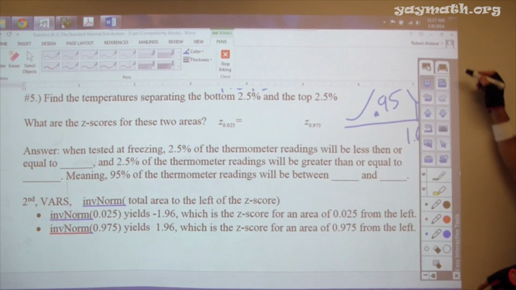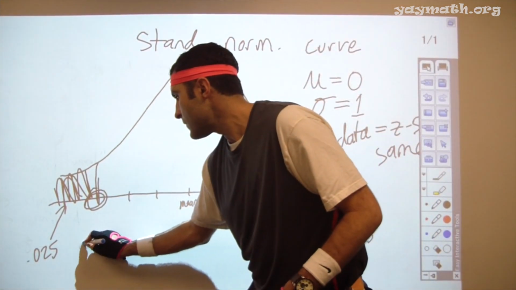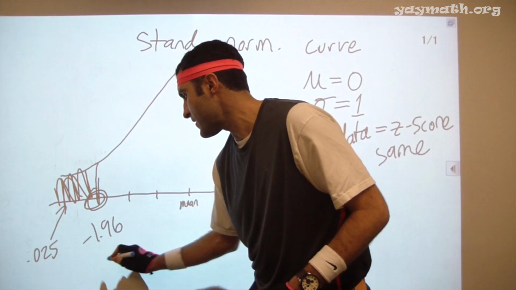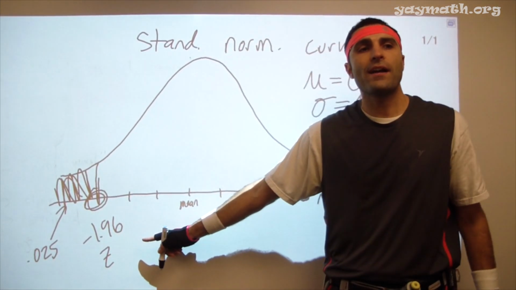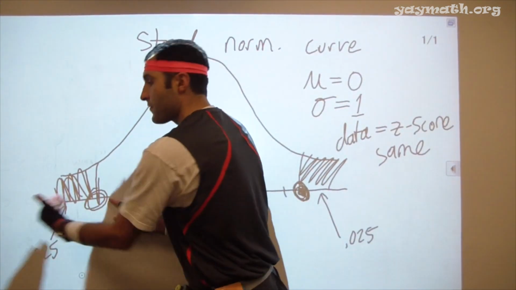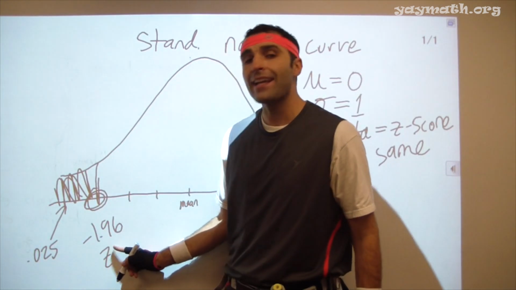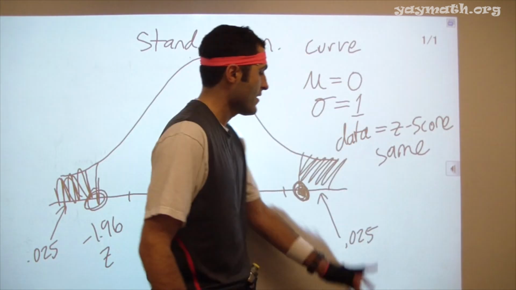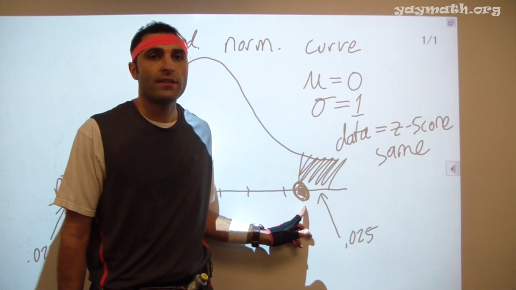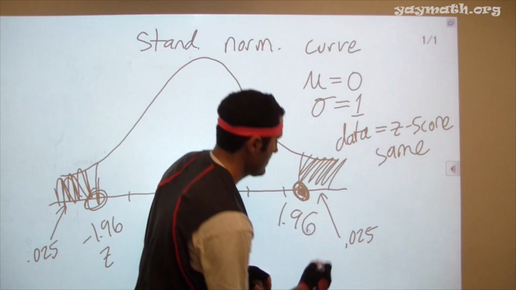It's actually on our board here. Negative 1.96 is the z-score. So now back to your question. If the z-score associated with an area of 2.5%, 0.025, is negative 1.96 here, what do you think the z-score is here? Positive. Because of what we said before, symmetry.